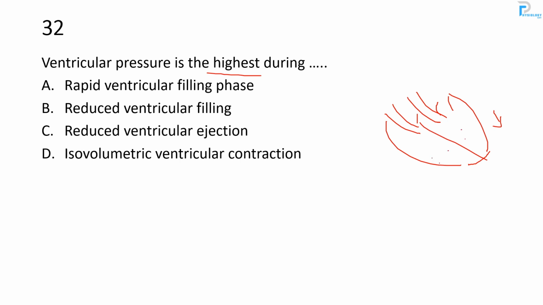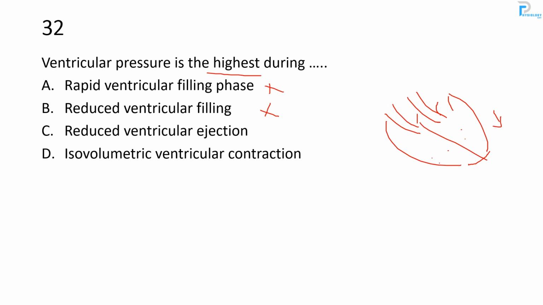And during ventricular filling, the ventricle is in diastole, is relaxing. So the pressures there will not be very high. So it's not the highest pressure. So rapid filling phase is wrong. Reduced filling phase is wrong because they are both diastole.